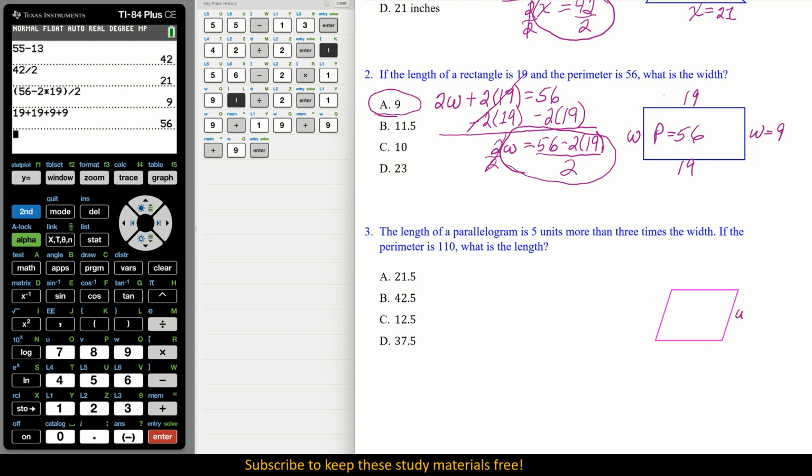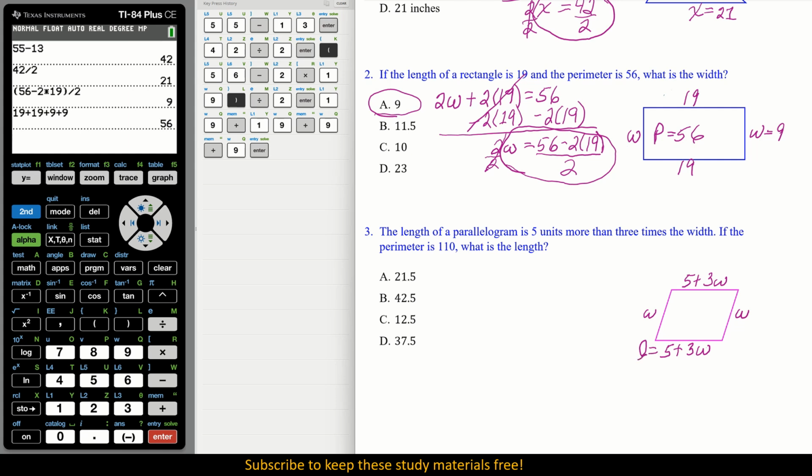So that means we just have width here, and the length is 5 units more than 3 times the width. If the perimeter is 110, what is the length? So this equals the length.